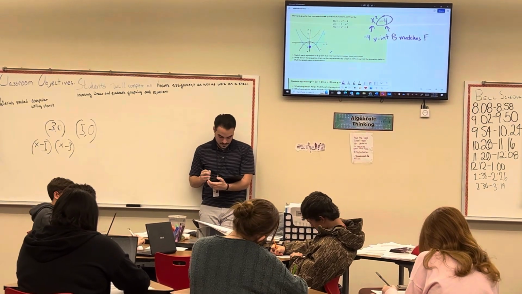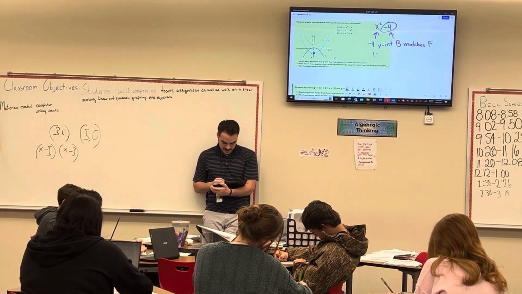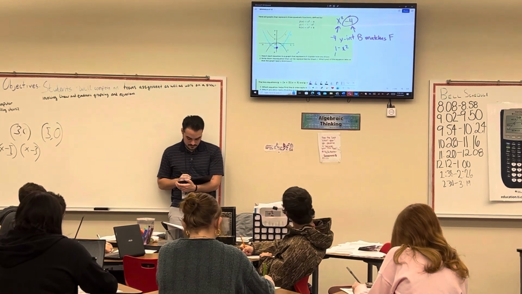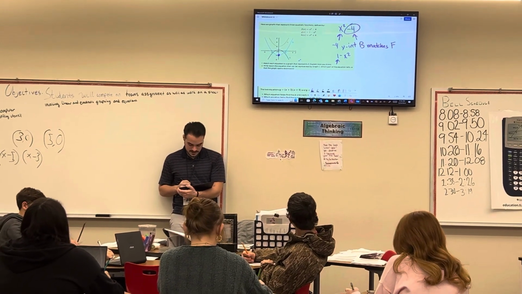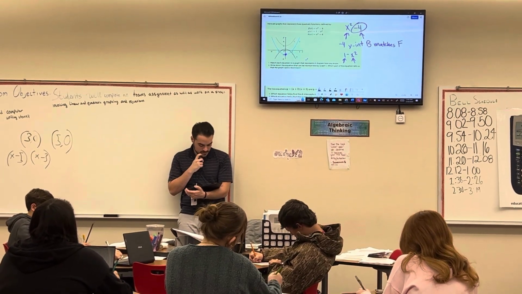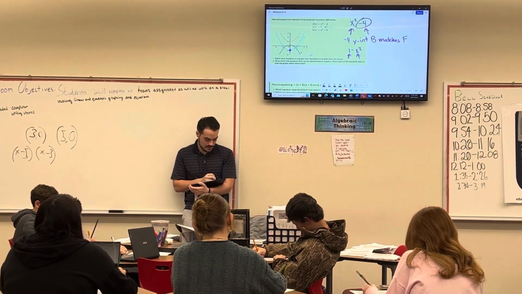Okay. Next one, we got 1 minus x squared. What is the y-intercept? 1, right? What is x squared? The slope, right? Okay, so which one's the only one with a y-intercept of 1? Yeah, yeah.